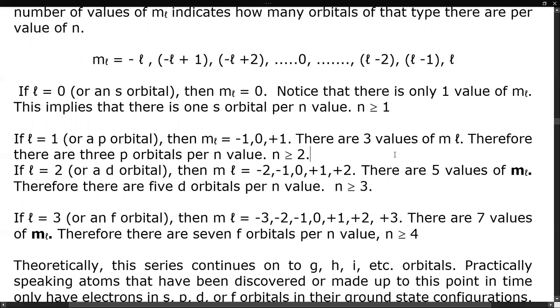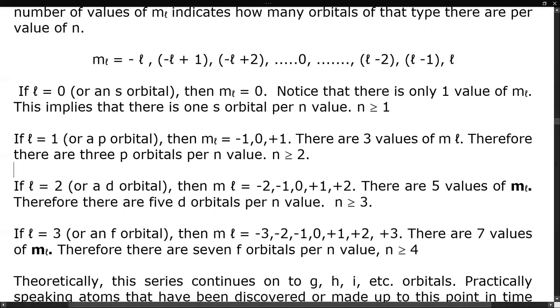For L equals 1, we can see that that's a p orbital, and then the values are negative 1, 0, and positive 1. That means there's 3 values of m sub L, meaning that there are 3 p orbitals per value of n greater than or equal to 2. L equals 2 is a d orbital, and that means m sub L can be negative 2, negative 1, 0, plus 1, plus 2.